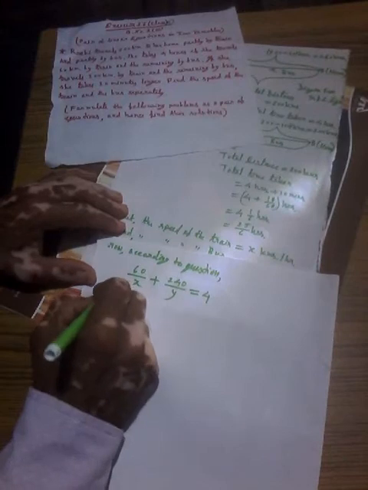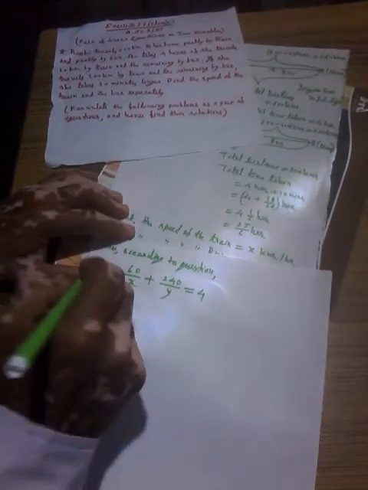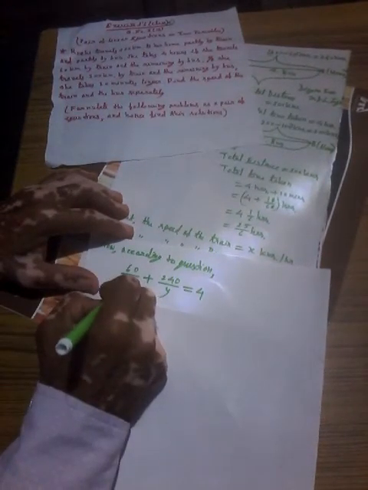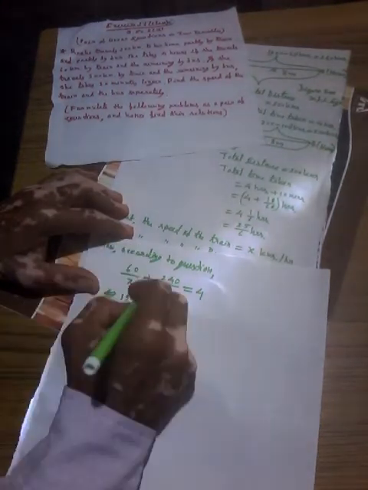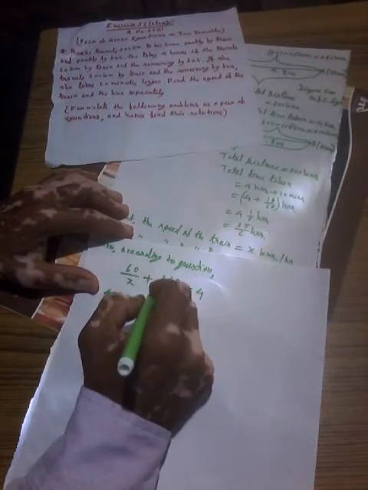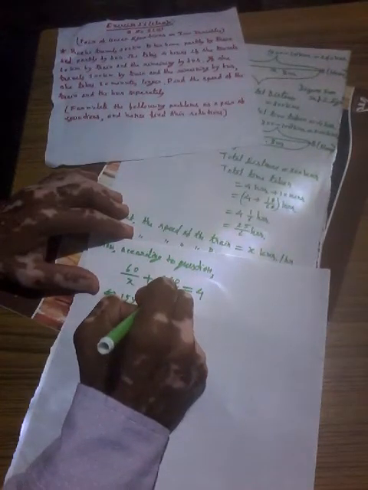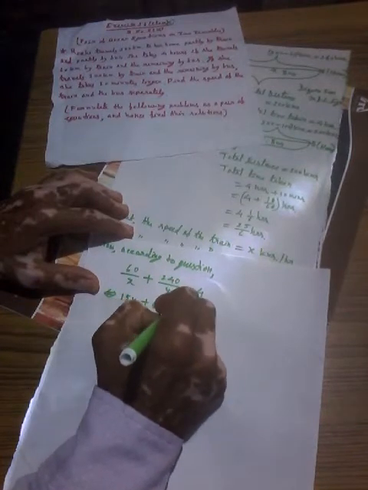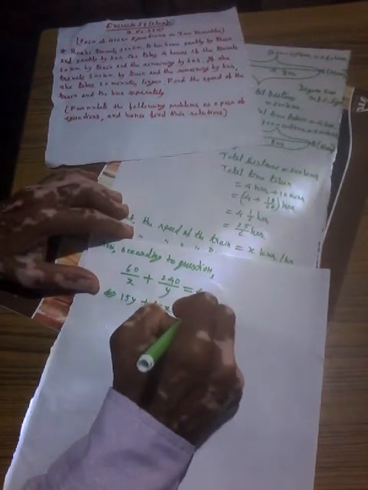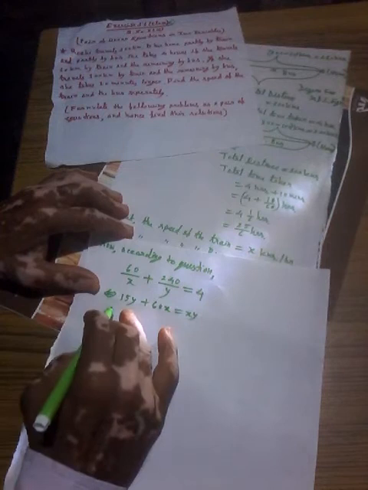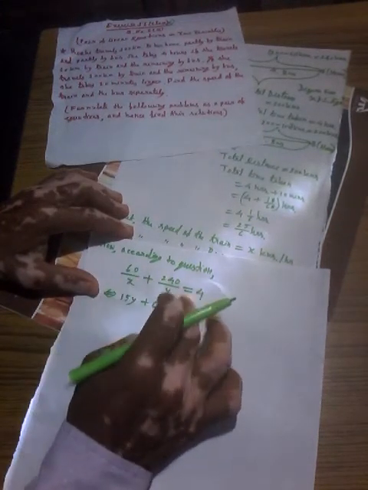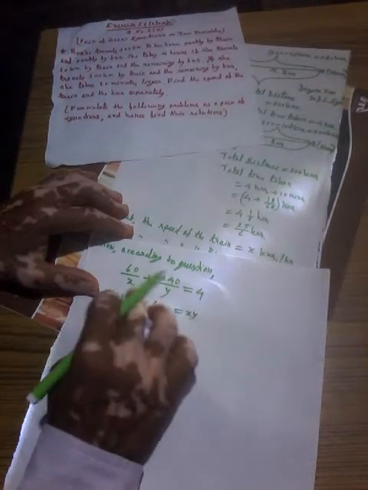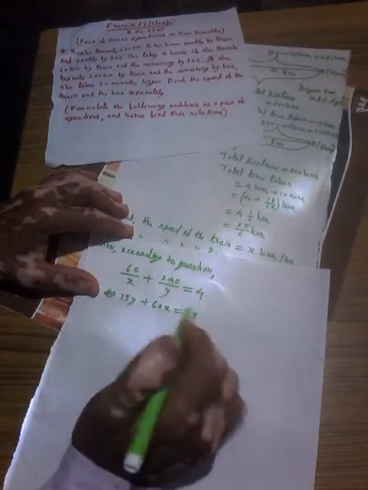So this implies 15y plus 60x is equal to xy, dividing both sides by 4 and at the same time multiplying both sides by xy.